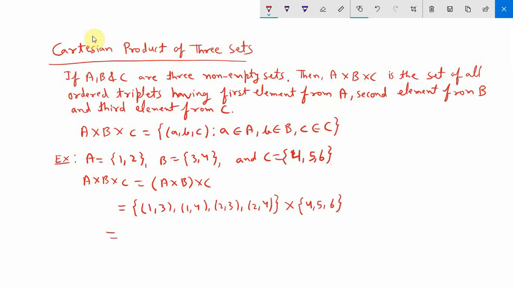So the triplets what we will get: (1, 3, 4), (1, 3, 5).